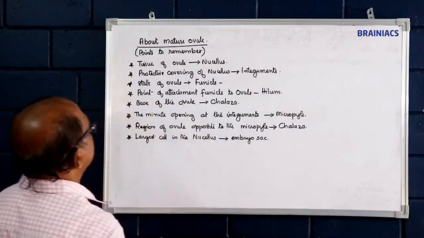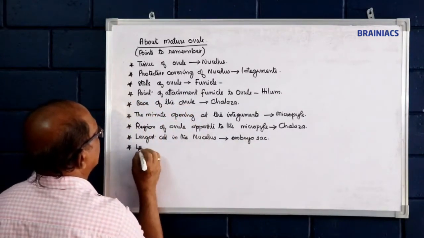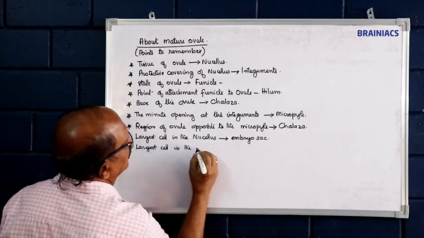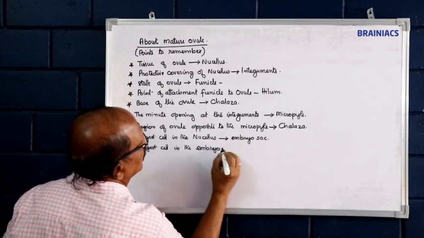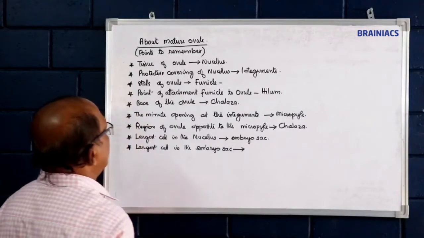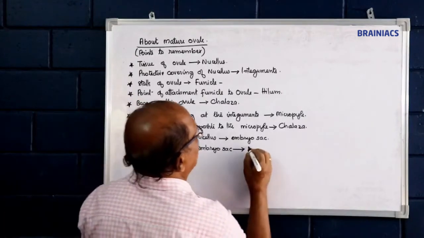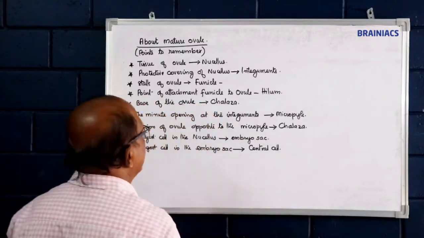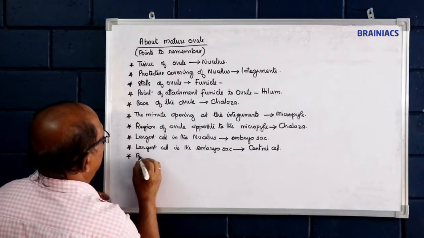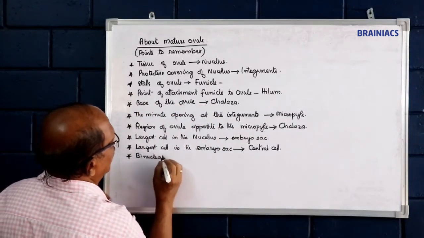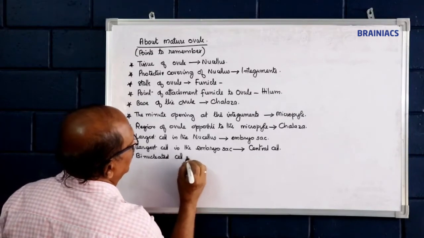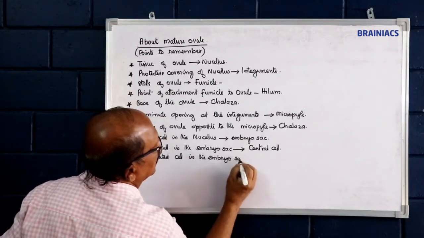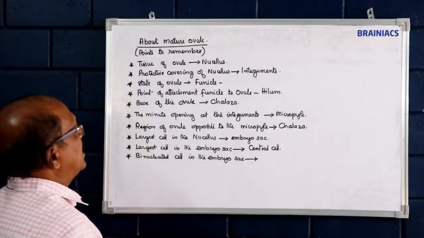Embryo sac. Largest cell in the embryo sac, that is the central cell. Binucleated cell in the embryo sac: central cell.